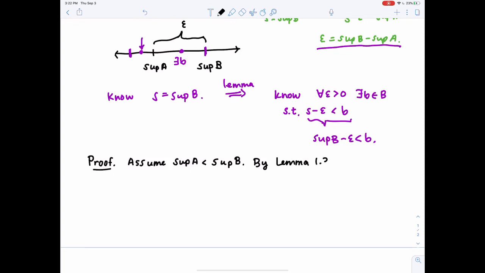By lemma 1.3.8, applied to sup B, for all epsilon greater than 0, there exists a little b in capital B such that sup B minus epsilon is less than b.